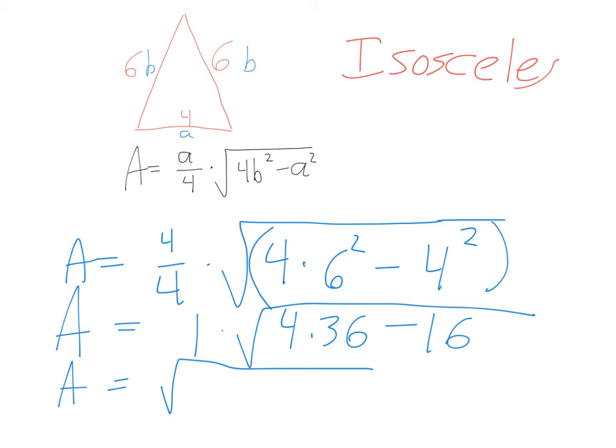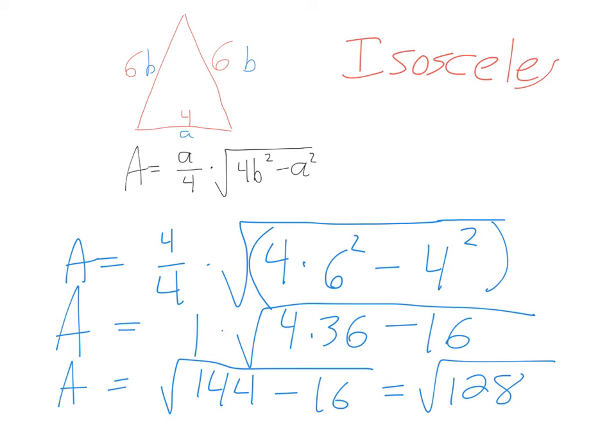So P, E, I did the exponents, R, there are no roots inside. Again, I got to do everything inside first, before I can do the square root. M, multiplying, yes. What is 4 times 36? This is where I grab my handy dandy calculator. That's 144. So I have 144 minus 16, which is the square root of 128.